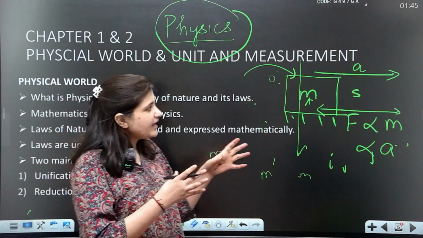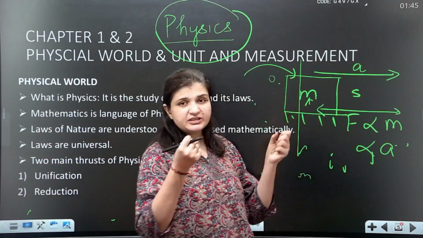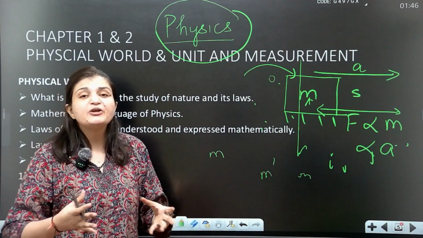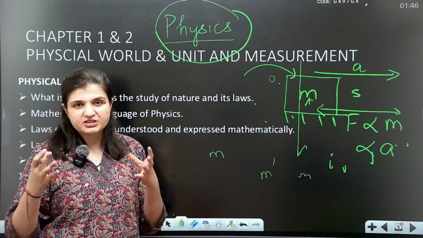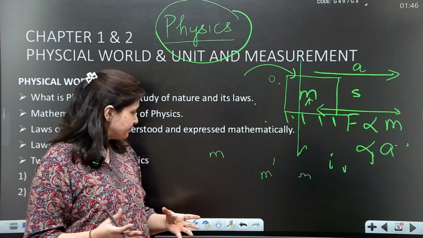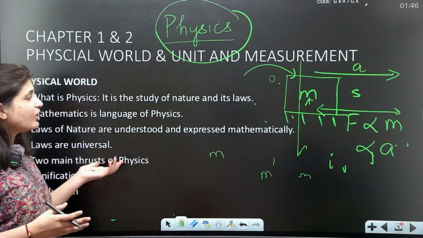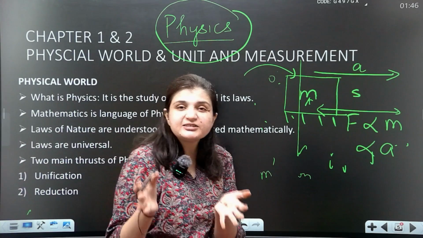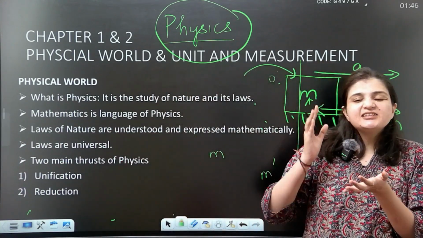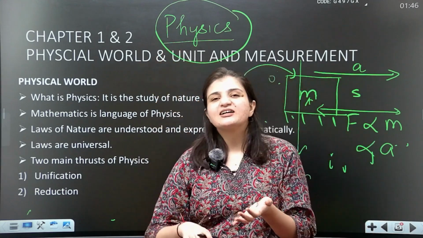So we derive certain laws of nature and simplify the concepts mathematically. Next, laws are universal. It's not that these laws will be valid only in Rajasthan.